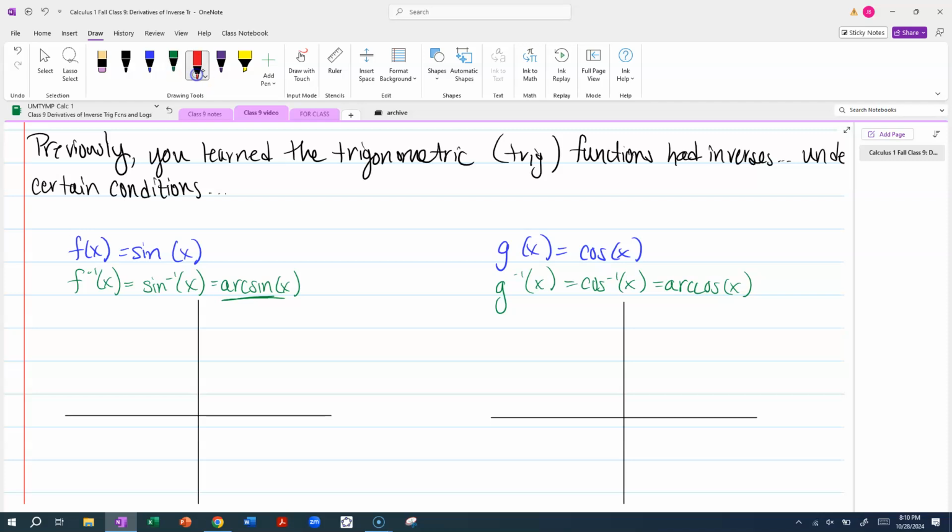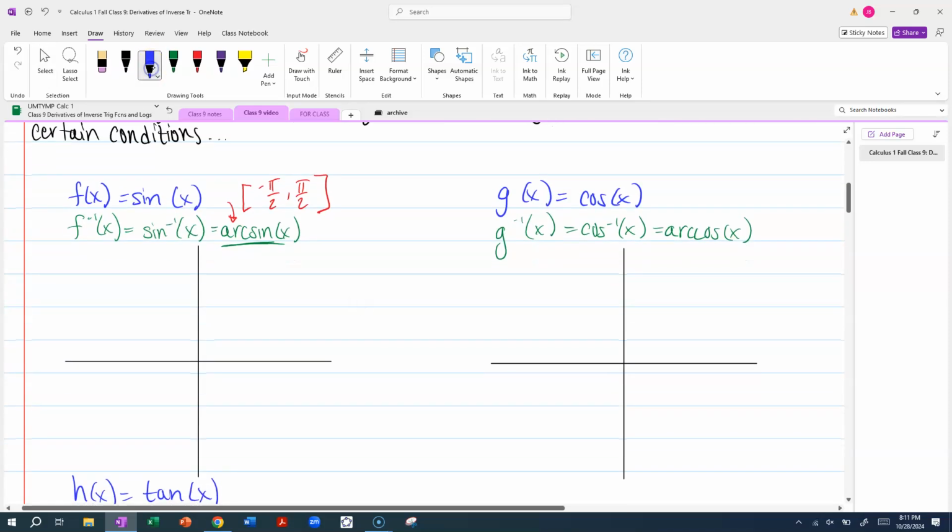What was the condition that allowed sine to be invertible? We had to restrict the domain to be from negative pi over 2 to pi over 2 inclusive. So we had to restrict the domain in order to get this arcsine function.